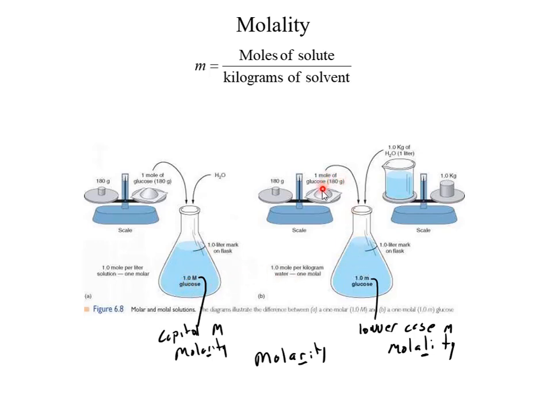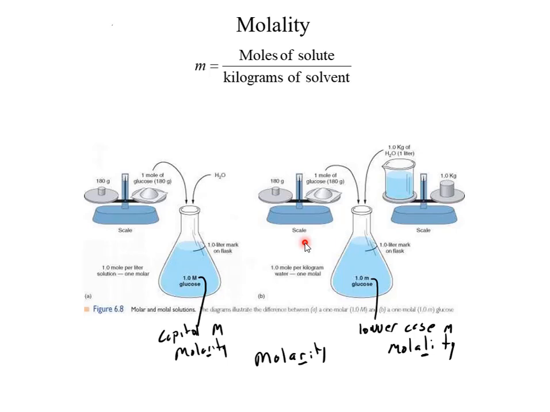This side, I add still 180 grams, but now I'm adding 1 kilogram of water to this, okay? And here's my 1 liter mark, and the water is actually slightly higher than that. So this has a volume greater than 1 liter as a whole. So they are not the same, okay?